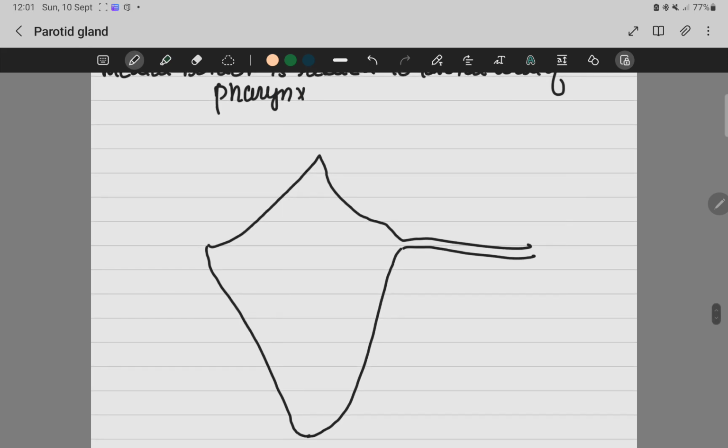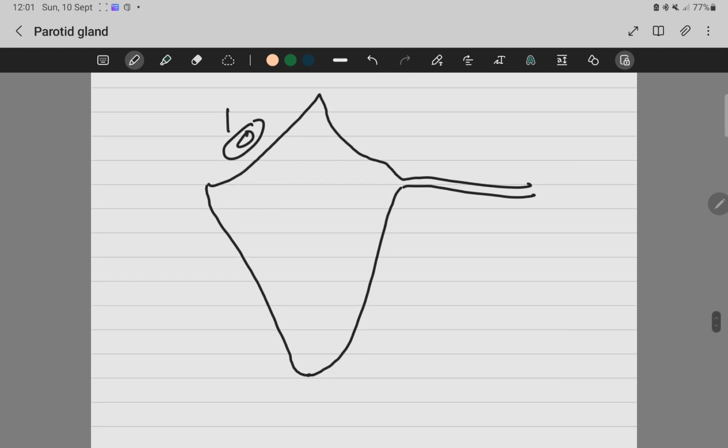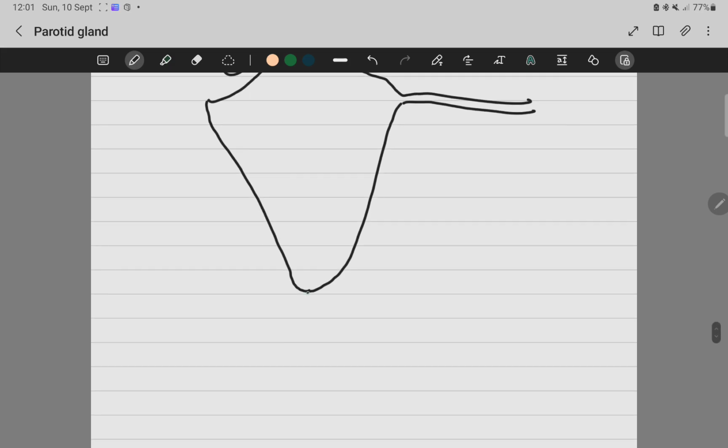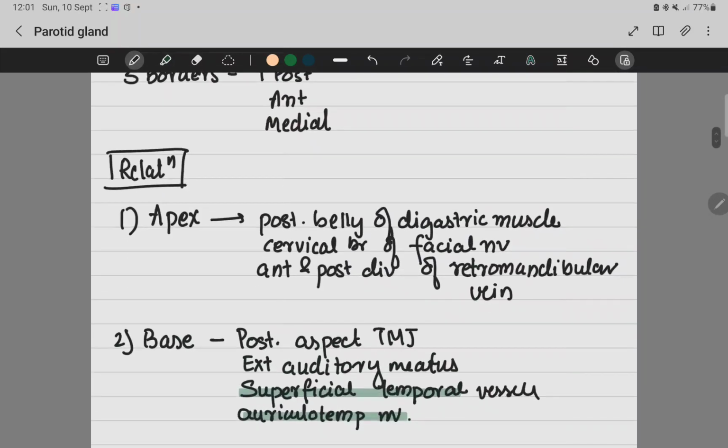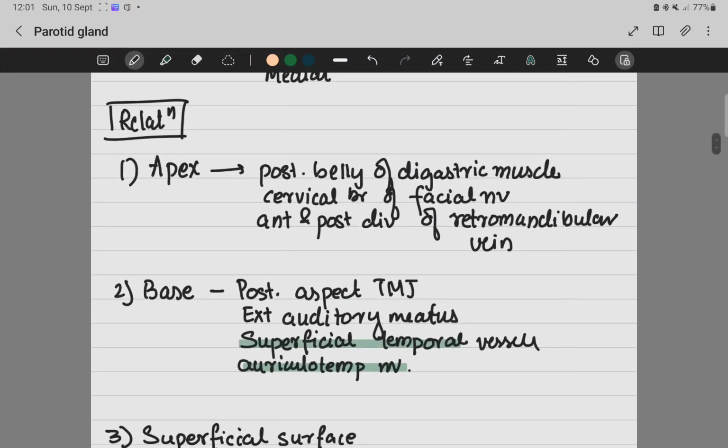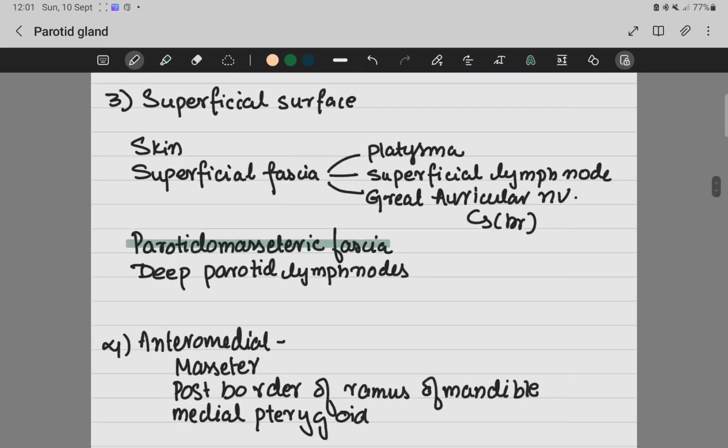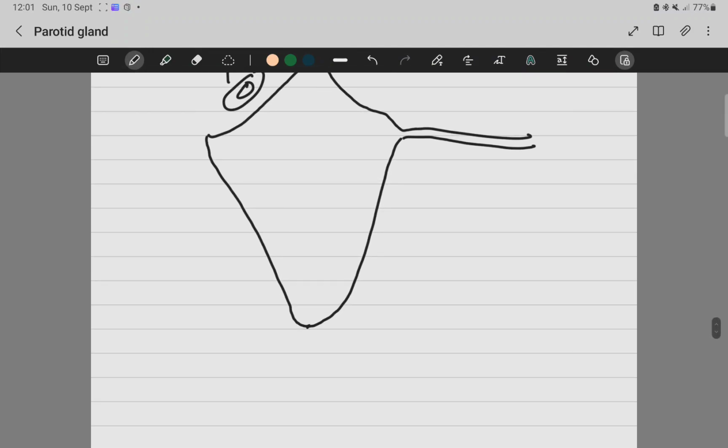This is a rough sketch of the parotid gland. This is the external auditory meatus. We have the apex here, and as we saw, the posterior belly of digastric muscle, the cervical branch of facial nerve, and the anterior and posterior division of retromandibular vein.